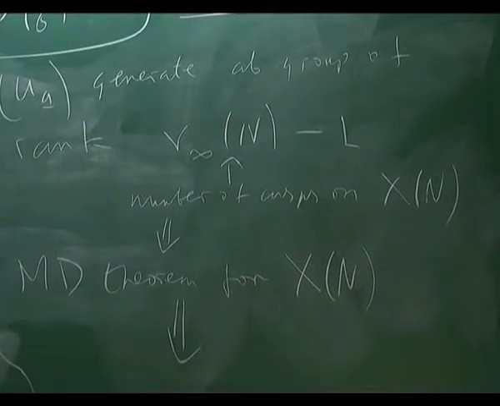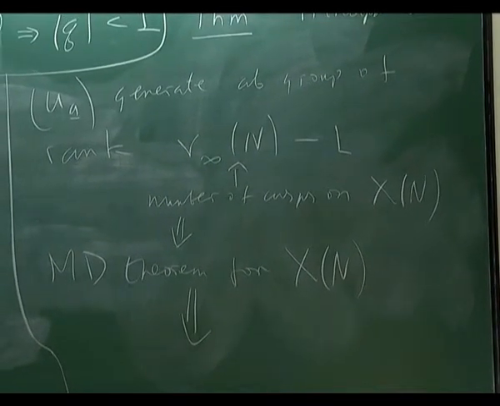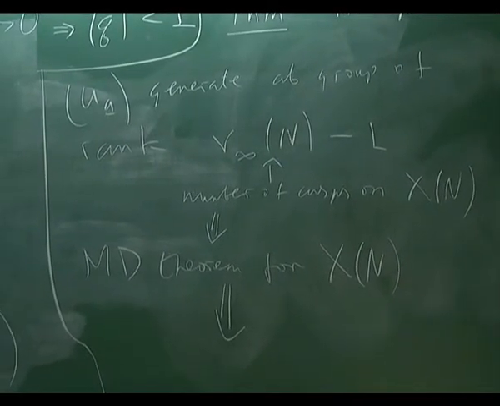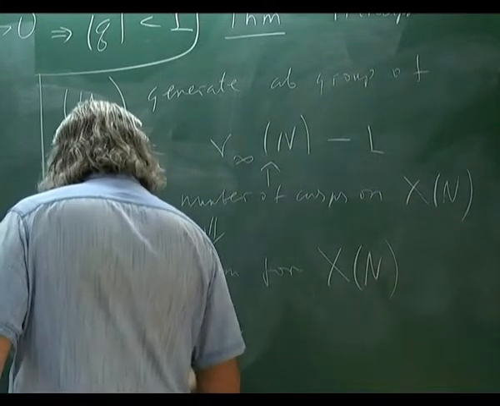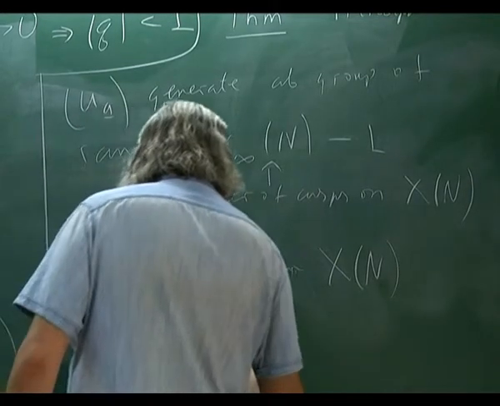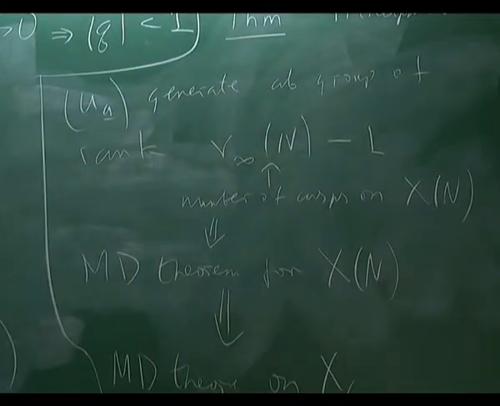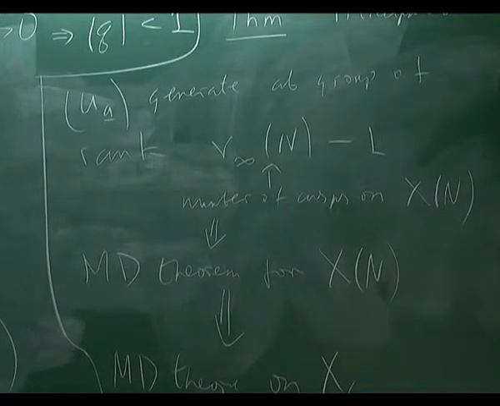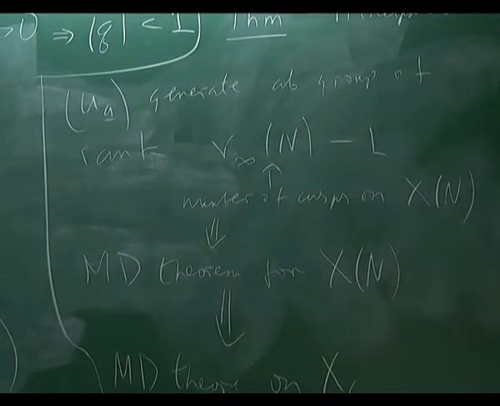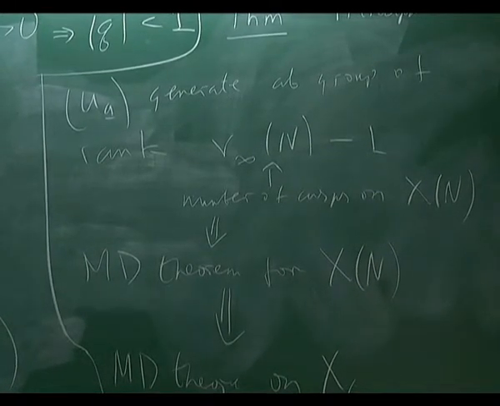If we have on X of n sufficiently many functions, then from them, taking suitable norms or so, we can also find sufficiently many principal divisors on cusps of XJ. Manin-Drinfeld theorem on XJ. So I'm not going to prove this because the proof, well, I used this theorem the last 5 years or so, and I never bothered to read the proof, which means that probably the proof is not very useful for applying the theorem.